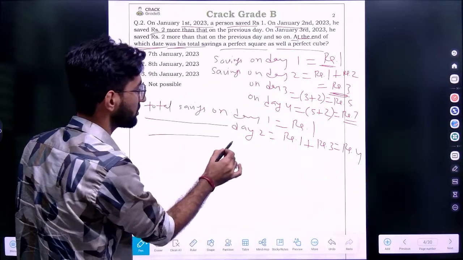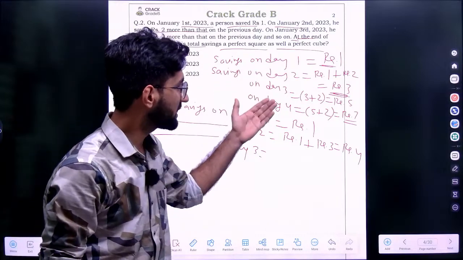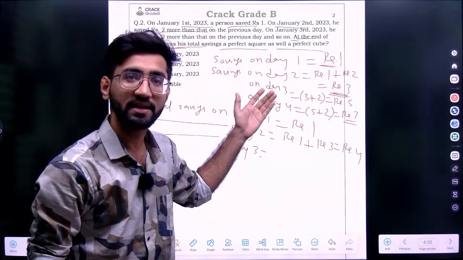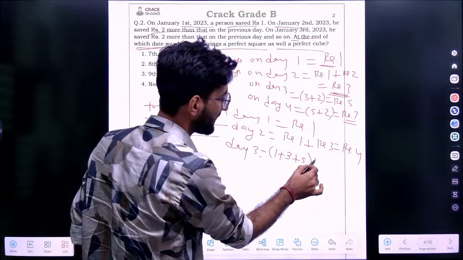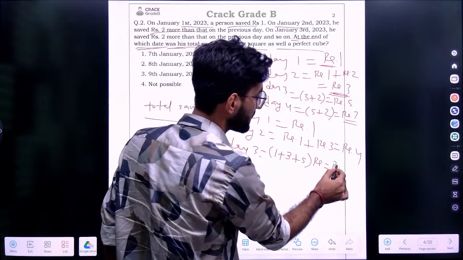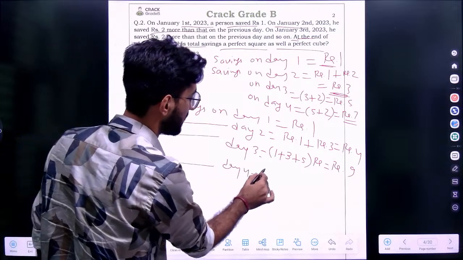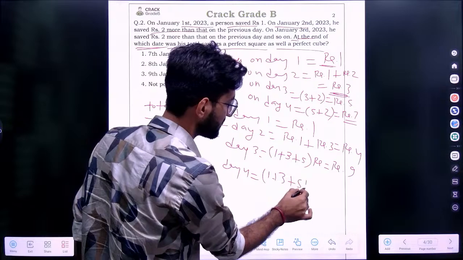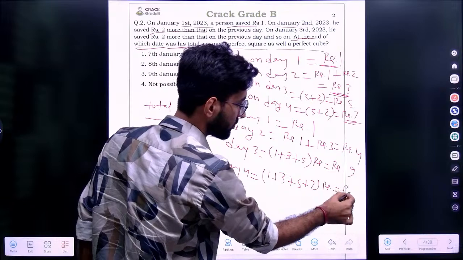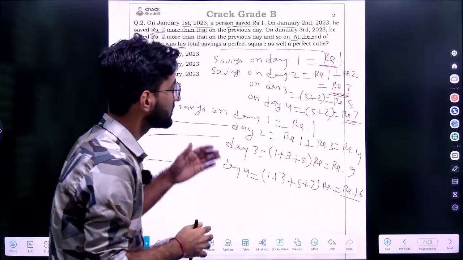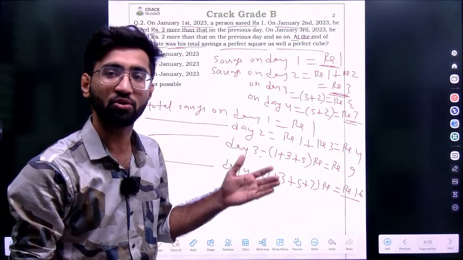What is the total savings on day 3? Obviously savings on day 1 plus day 2 plus day 3, so it is 1 plus 3 plus 5, that is equal to rupees 9. Now total savings on day 4 is 1 plus 3 plus 5 plus 7, that is equal to rupees 16. So we are able to find the total savings on day 1, day 2, day 3, day 4 and so on, right?